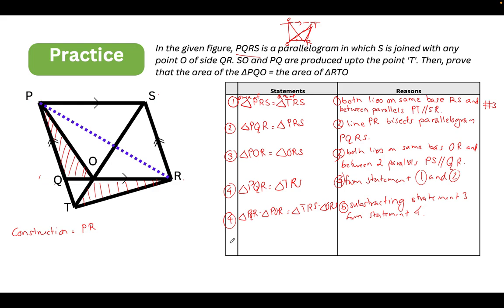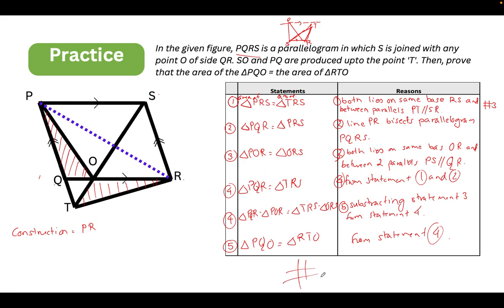Now what remains is PQR minus POR, which is triangle PQO, and if you subtract ORS from TRS, then we get triangle RTO. So from statement 4, this is how we prove this question.